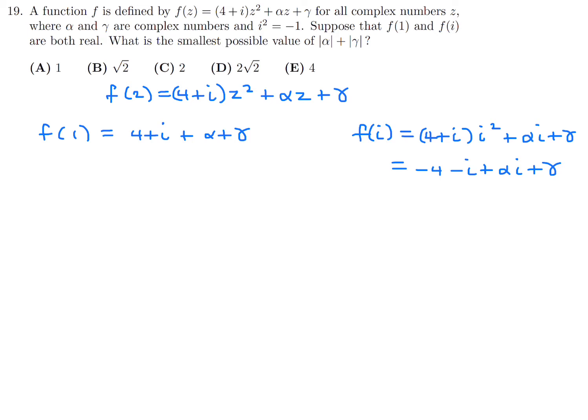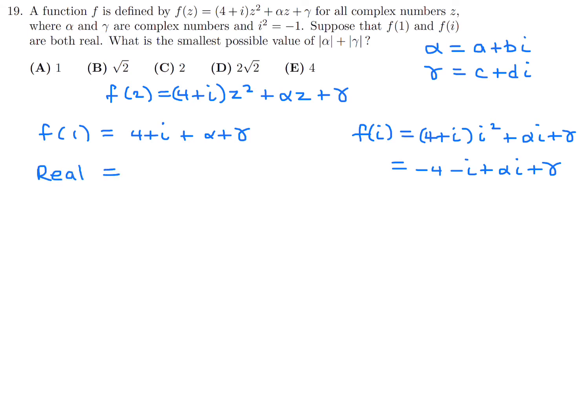Alpha and gamma are both complex numbers, so we've got to put them in that form. I'll let alpha equal a plus bi, and gamma equal c plus di. And let's substitute those in.